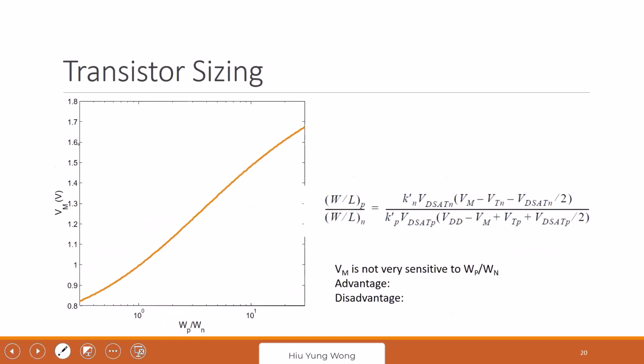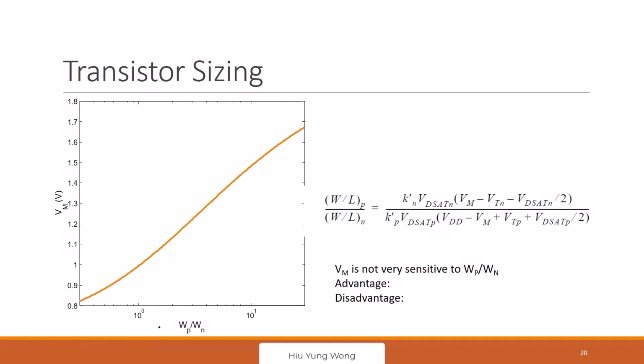Okay, if no, then now we know what VM is and how to derive VM. So we can rearrange the terms to find out how we should size the WP divided by WN so that we have different VM. What is your conclusion from this?